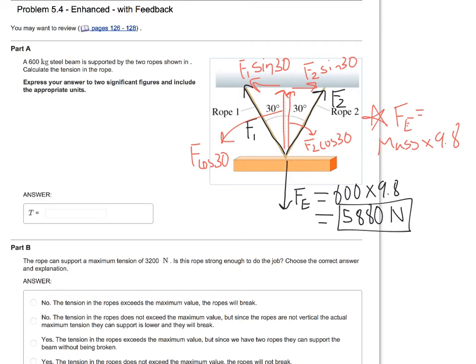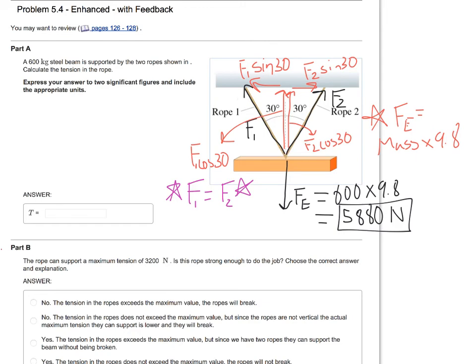Now, when I set up my F equals ma, I'm going to take advantage of one little trick: these 2 ropes are at the same angle, so I'm going to take advantage of symmetry. That means F1 is equal to F2, because the angles are the same.